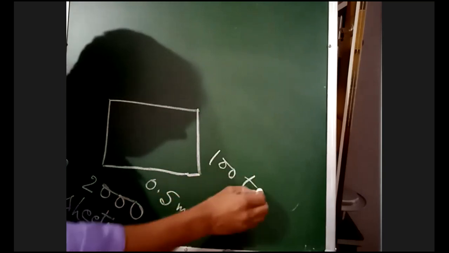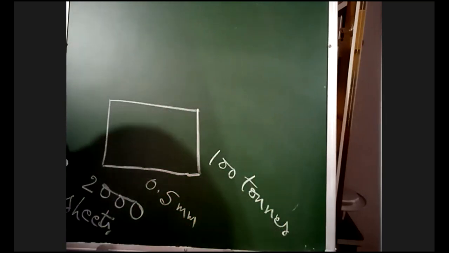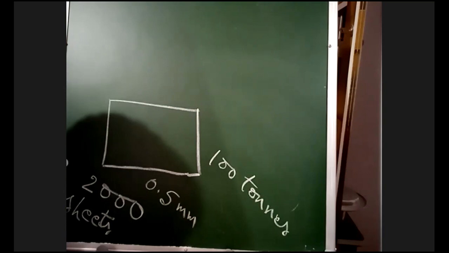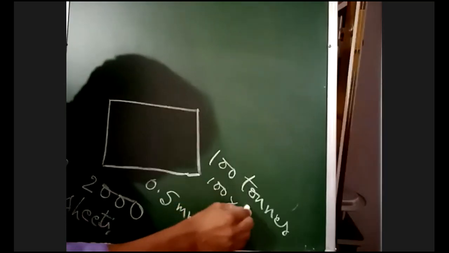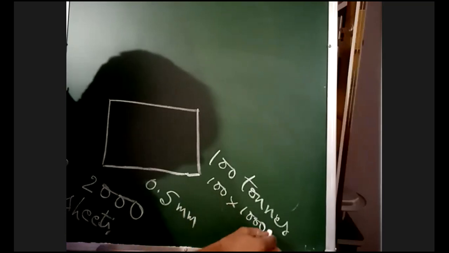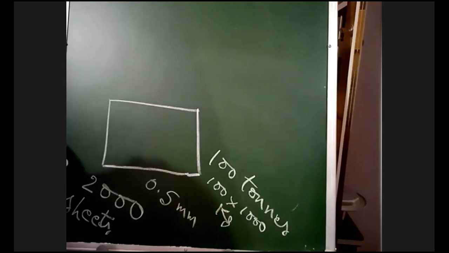How will we compress that? I am taking 100 tons weight. What is 1 ton equal to in kgs? 1000 kgs. 100 tons means 100 into 1000 kgs.